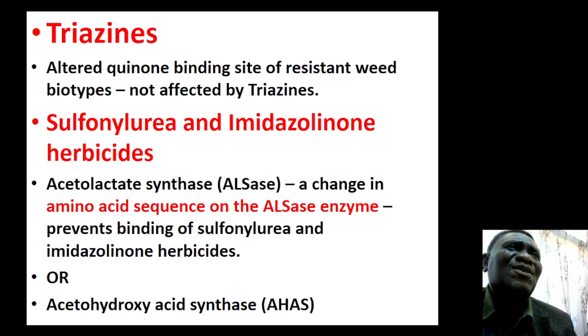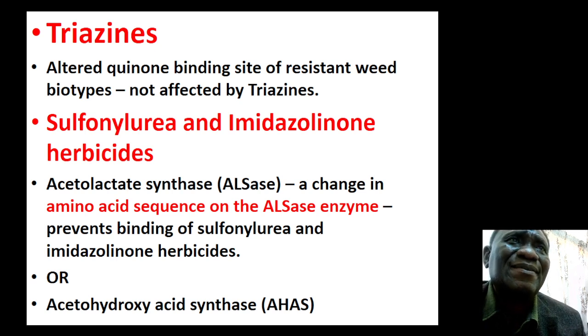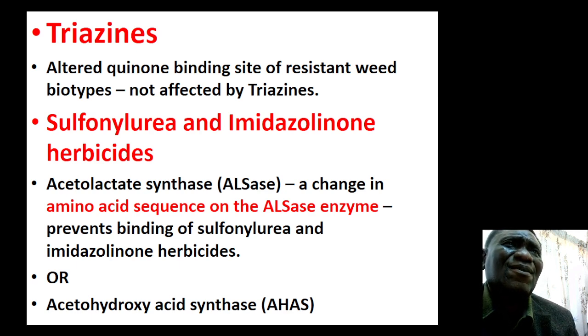Sulfonylurea and imidazolinone herbicides. The target is acetolactate synthase, ALS, or acetohydroxy acid synthase. A change in amino acid sequence on the enzyme can prevent binding of sulfonylurea and imidazolinone herbicides.